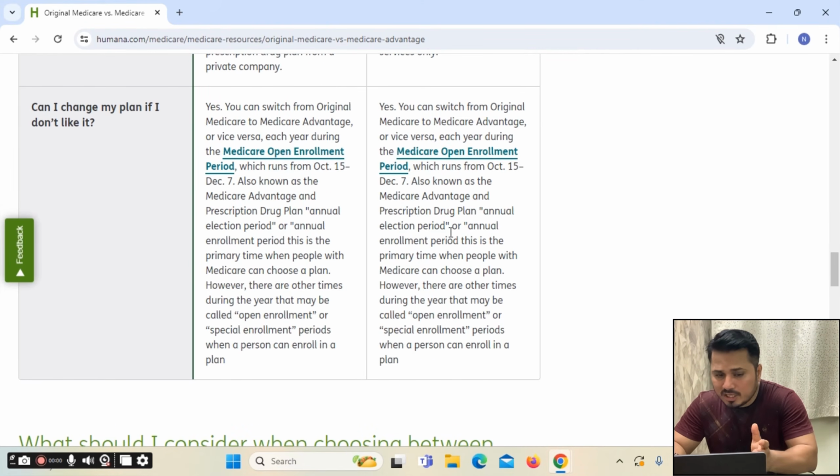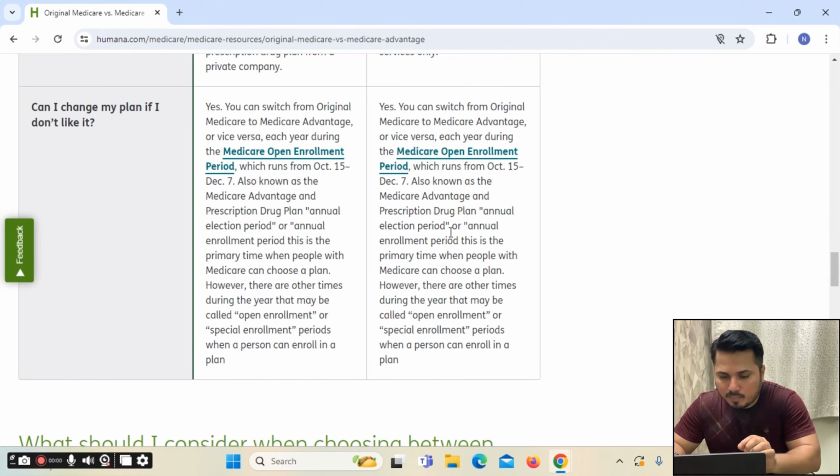Now, can I change my plan if I don't like it? If that's your question, let's get an answer to that question. Yes, you can switch from original Medicare to Medicare Advantage or vice versa each year during the Medicare open enrollment period, which runs from October 15th to December 7th, also known as the Medicare Advantage and Prescription Drug Plans annual election period or annual enrollment period.